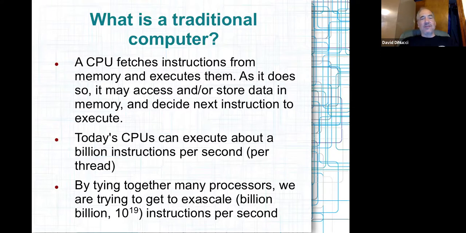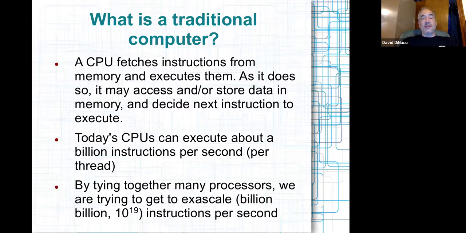It fetches instructions from a memory, sees what the instruction is supposed to do, decodes it, and executes it. What it says is one of those things I said before: a step to follow, or an alternative, or repeat, etc. As it does so, it may access or store data in a memory in order to do the operation and decide what the next instruction to execute is.